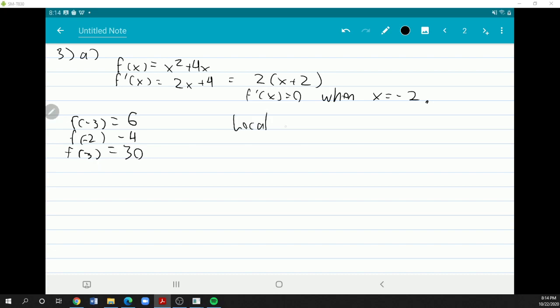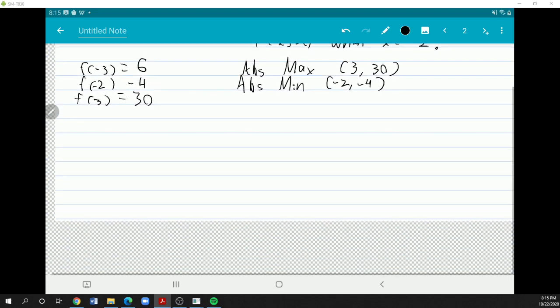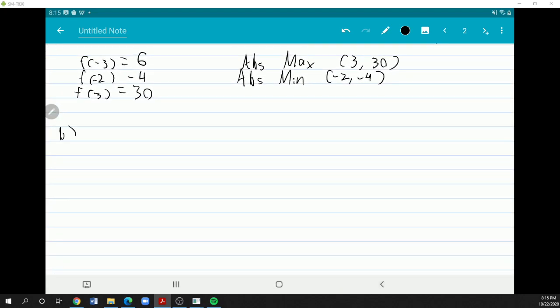So I get a local, sorry, not local, I get the absolute max of (3, 30) and the absolute min of (minus 2, minus 4). Okay, so that's how that works.